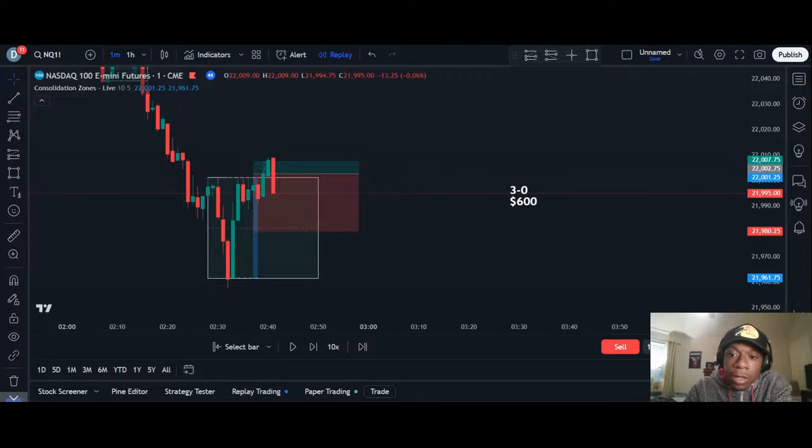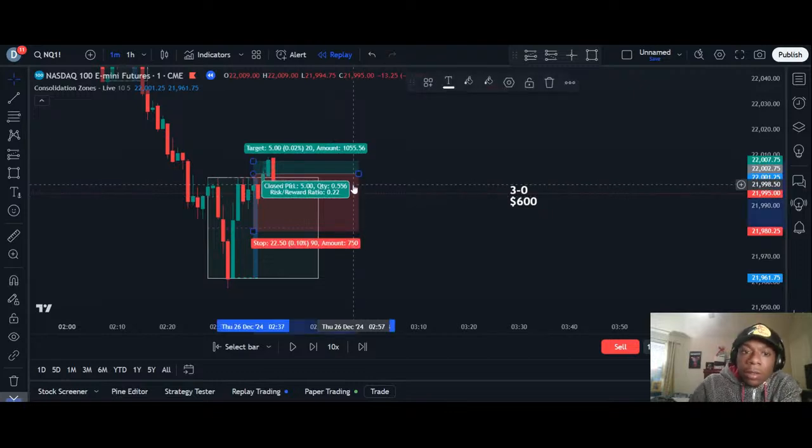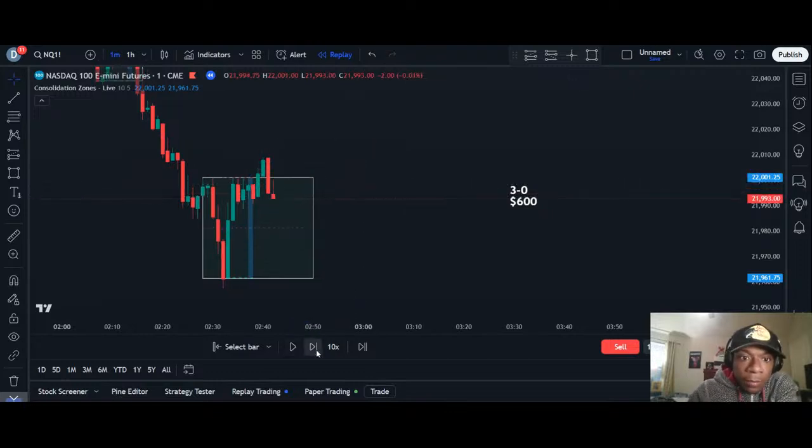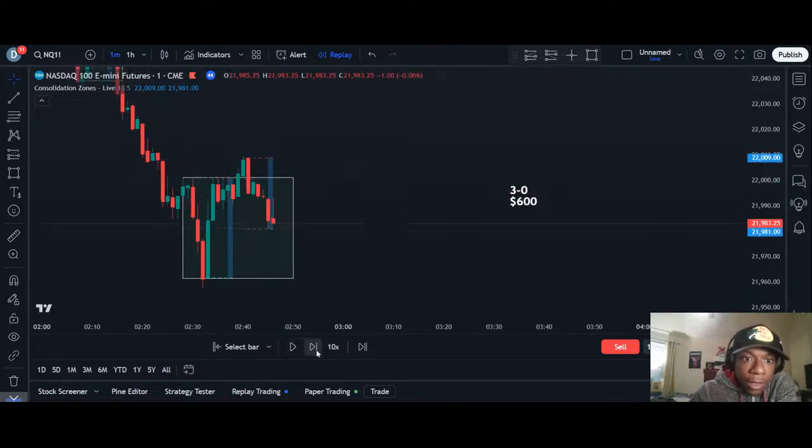Wednesday was Christmas, so we skipped Wednesday, and now we're on Thursday, and I'm currently 3-0. So two more trades before Thursday is officially declared a winning day. So let's wait for another zone to pop up. Oh shit. Here goes the zone right here.